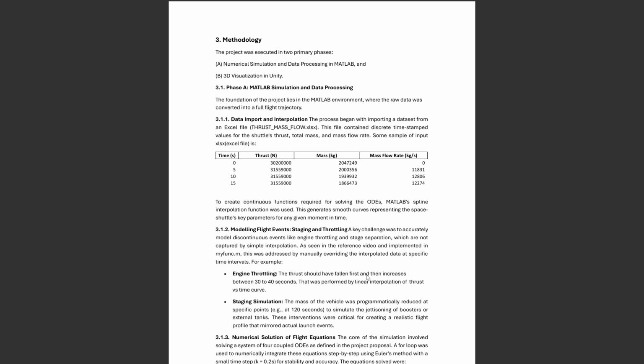There are some realistic events in our simulations, that is the engine throttling events, stage separation event, second stage separation event, and also, very important, the gravity turn maneuver. To get the complete trajectory of a rocket, we need to solve some equations that are related to the flight dynamics of the rocket.